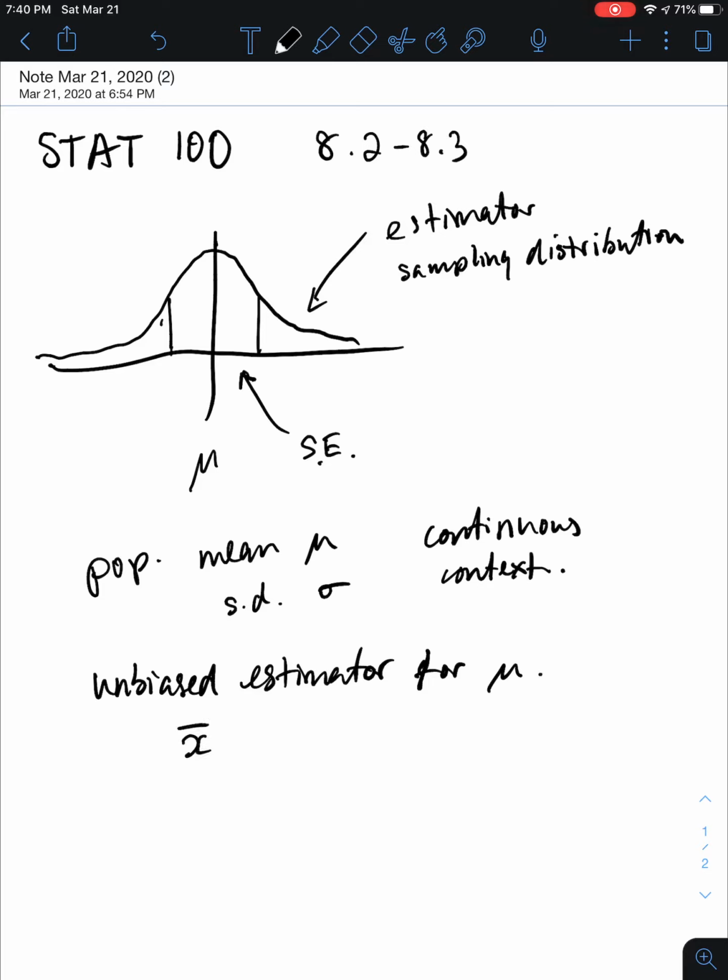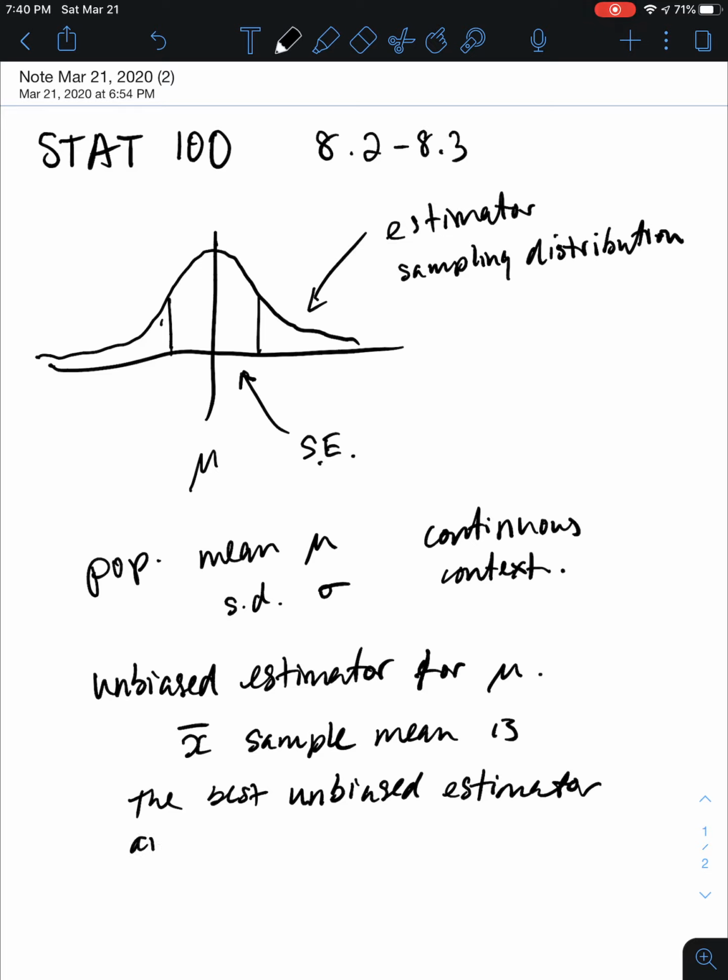Turns out that x bar, the sample mean, is the best unbiased estimator. So that is the theorem. We already know everything we need to prove it, but we're not going to go through with all the proof.